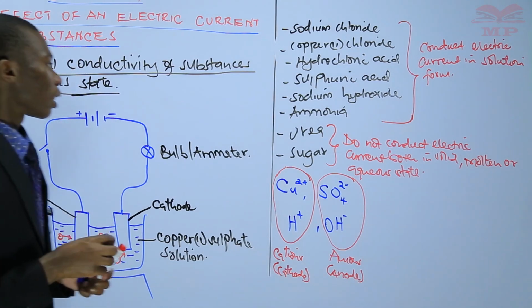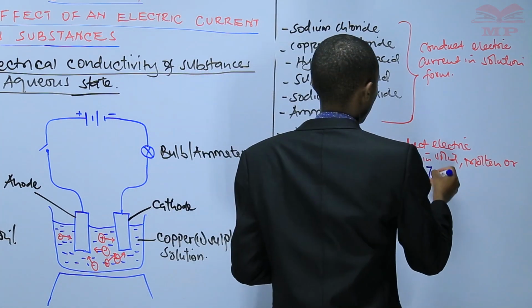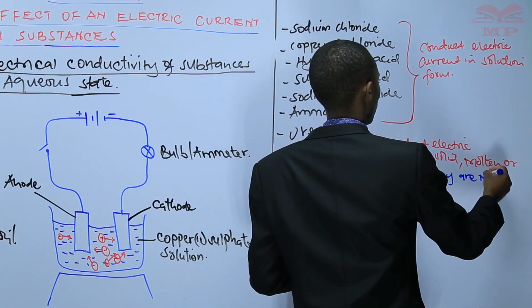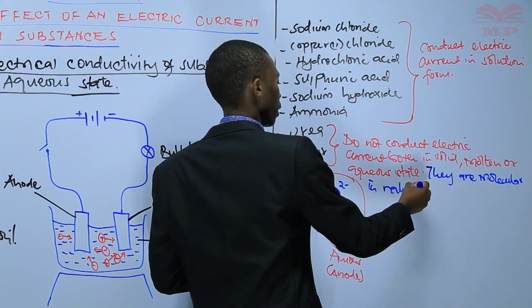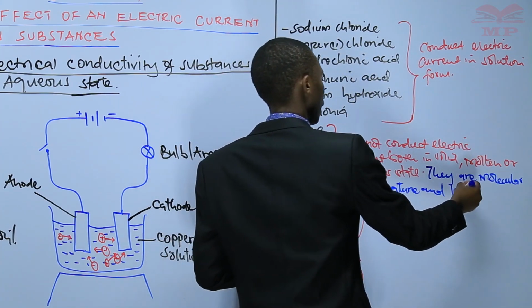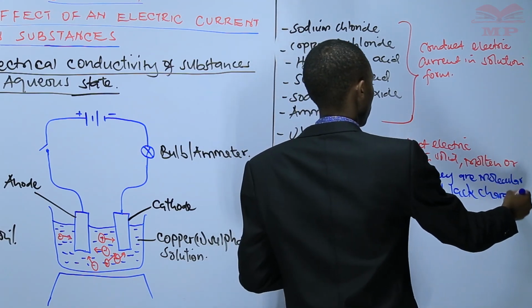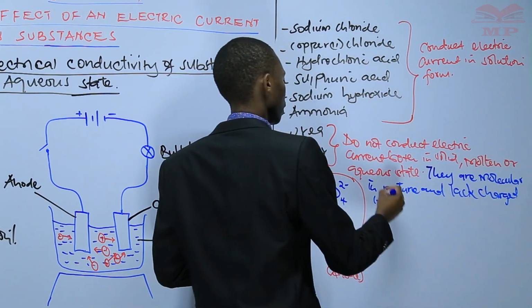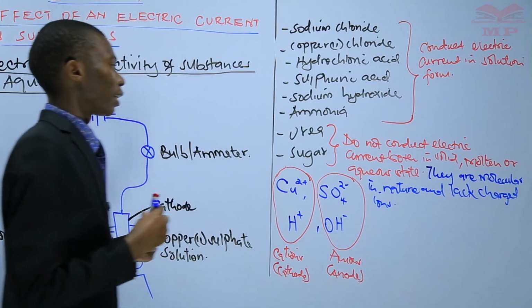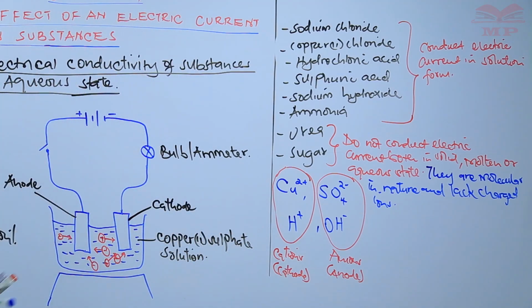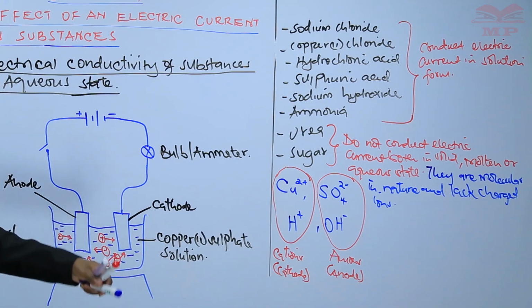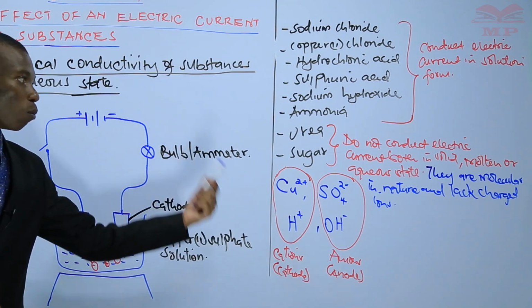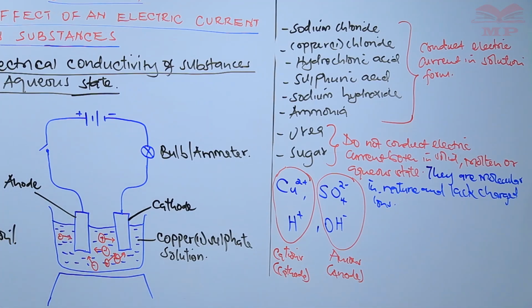This is because they are molecular in nature and lack charged ions. Therefore, if you replace this copper 2 sulfate with a solution of sugar and a solution of urea, neither is going to light the bulb, because they lack charged ions.